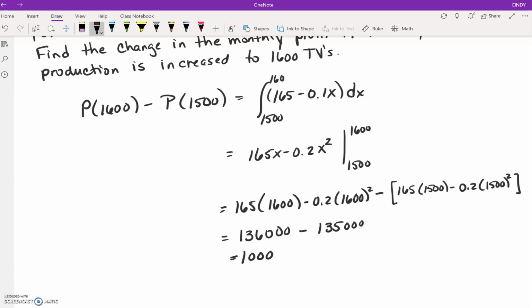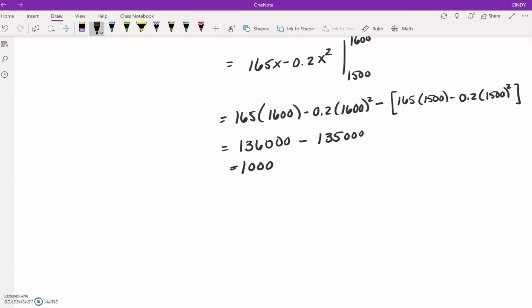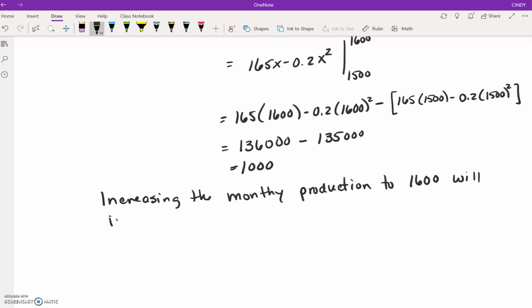The difference is 1,000, which basically means that increasing the monthly production to 1,600 units will increase monthly profit by $1,000.